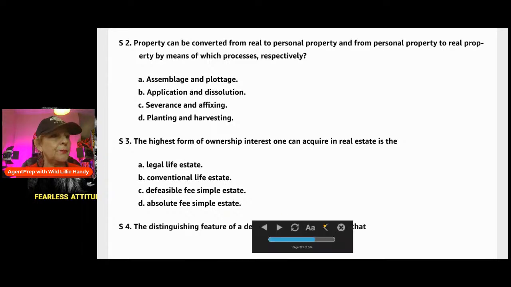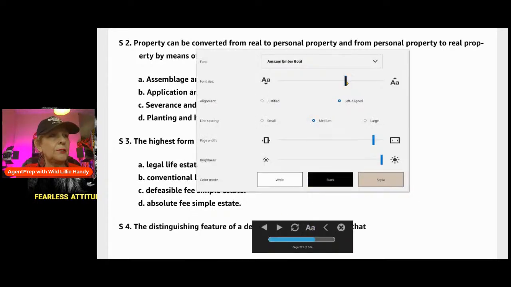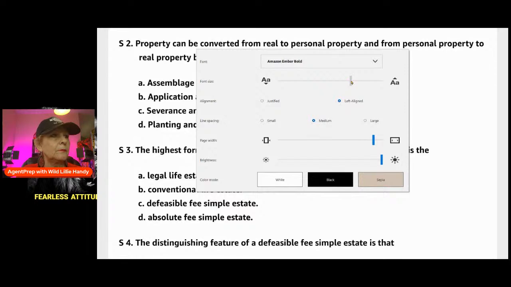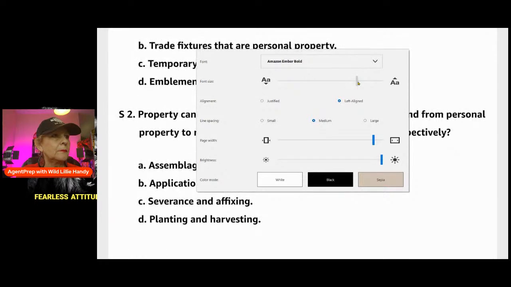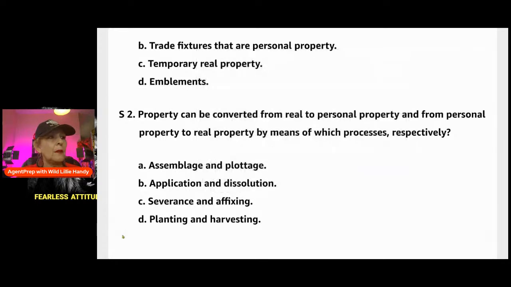Okay, number 2. Here, let me make that a little bit larger. Property can be converted from real property to personal property, and from personal property to real property, by means of which processes, respectively?